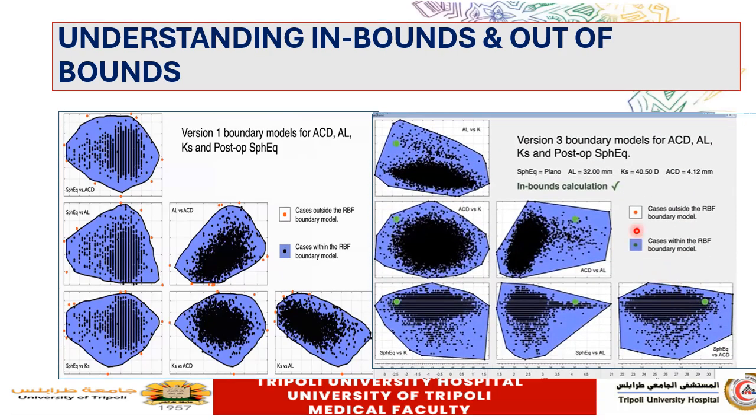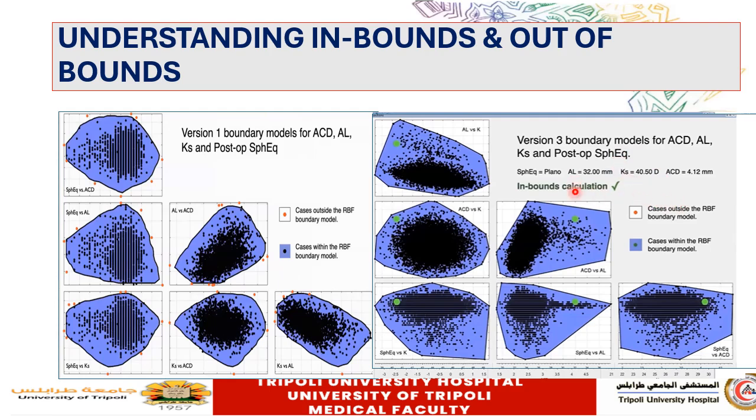Moreover, in version 3, because the data extends more, you can see, for example, this very odd case with a 32 millimeter axial length and a strange, very flat cornea. You expect that with this axial length he should be a high myope and should have a steep cornea. However, he has a very flat cornea.